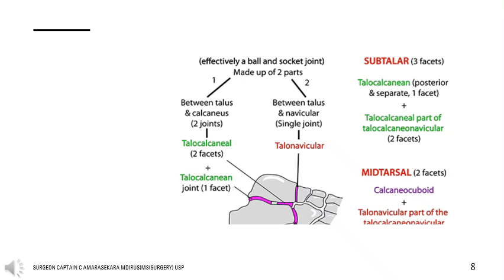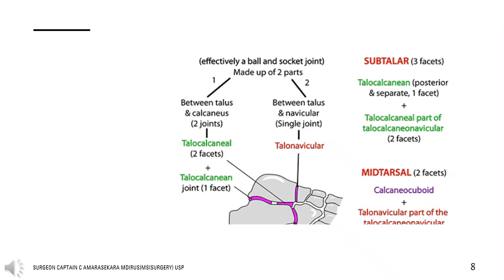Together, they allow the forefoot to adapt independently from the hindfoot. So this is the marvel of the architecture. This flexibility is crucial for gait and shock absorption. So this flexibility helps to maintain gait and also to absorb the shock during our gait cycle.